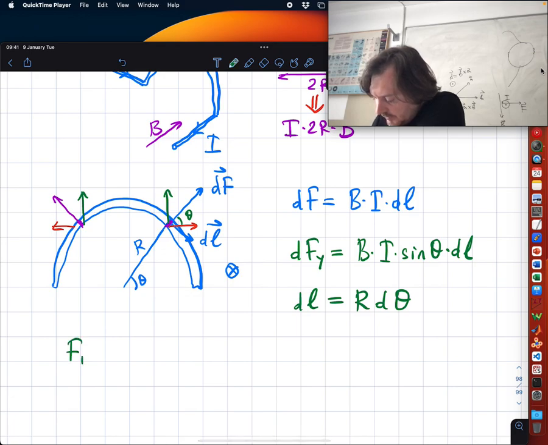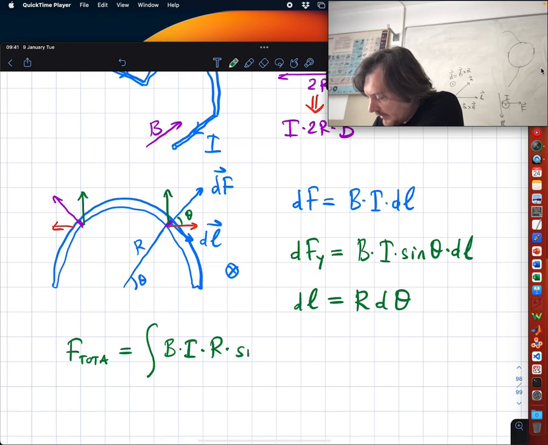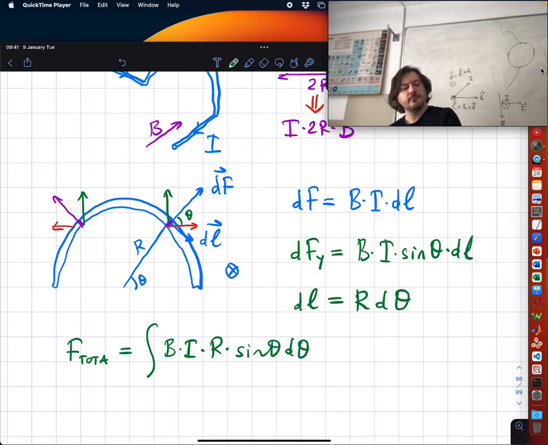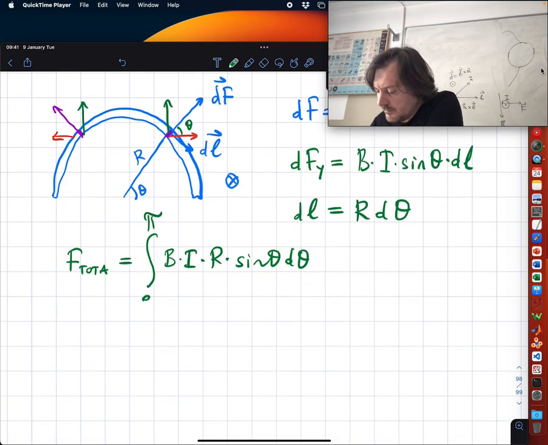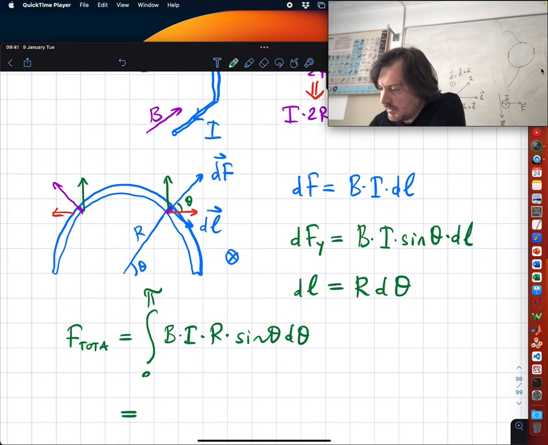Then F total is just the integral of this: B I R sine theta d theta going from 0 to pi. Where do we start?